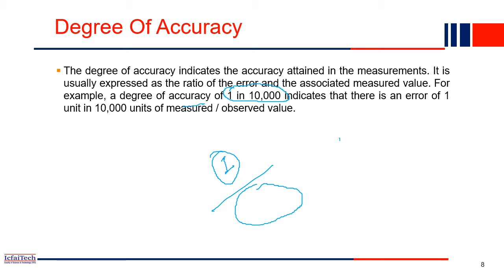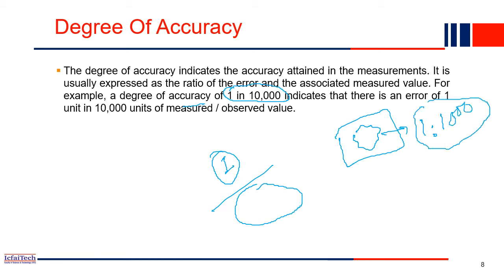For example, if I have prepared a map and the accuracy of the map is 1 in 10,000, or 1 in 1,000, it means there is a possibility that in every 1,000 units there will be an error of 1 unit.